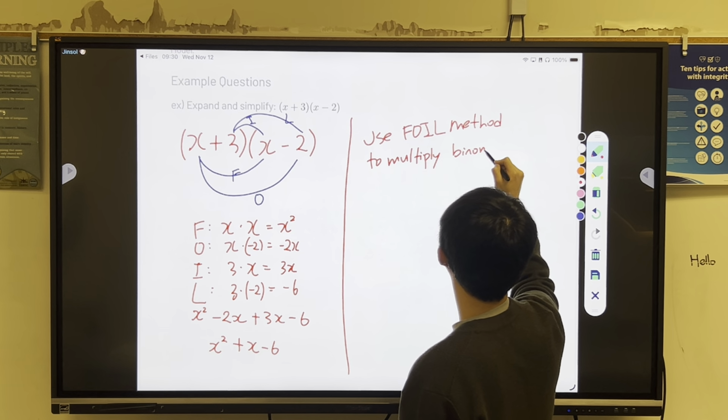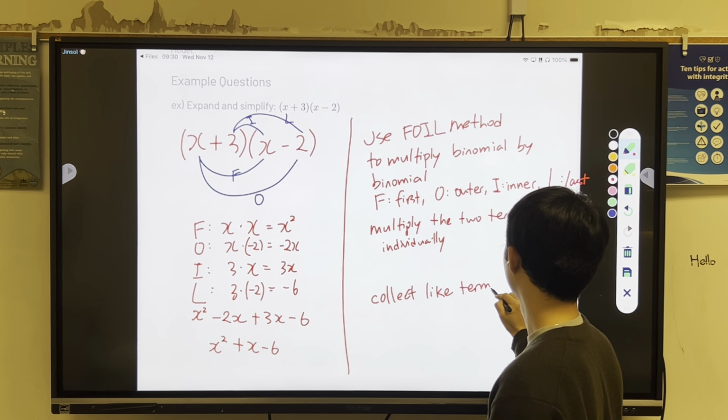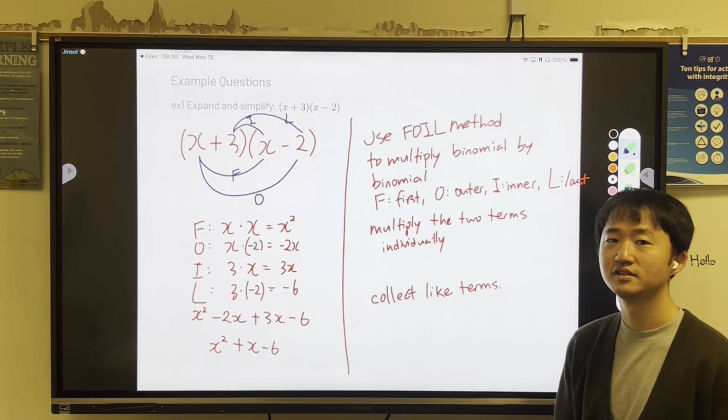So we multiply the two terms individually, and then collect like terms, and that's the end.